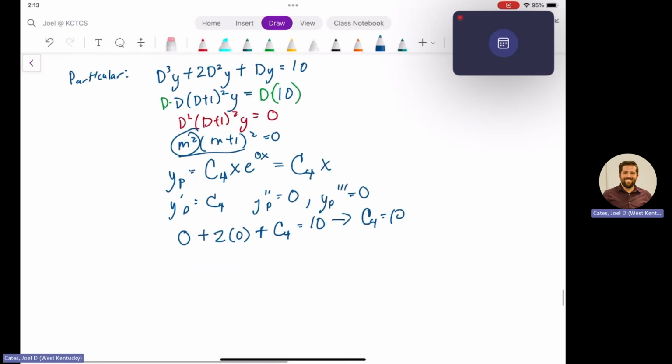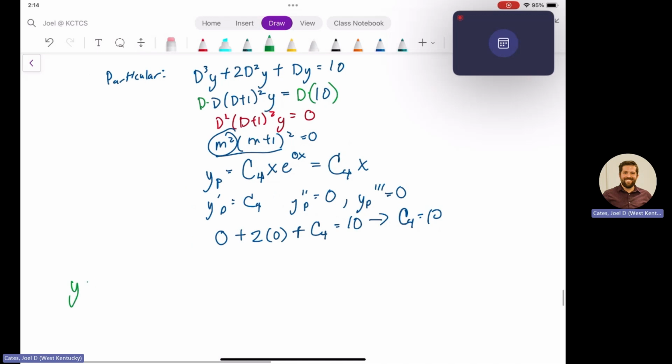What in the world does this mean for the solution in general? Well, our general solution is y is equal to the complementary solution, which was c sub 1 plus c sub 2 e to the minus x plus c sub 3 x e to the minus x, plus our particular solution, which was 10x.